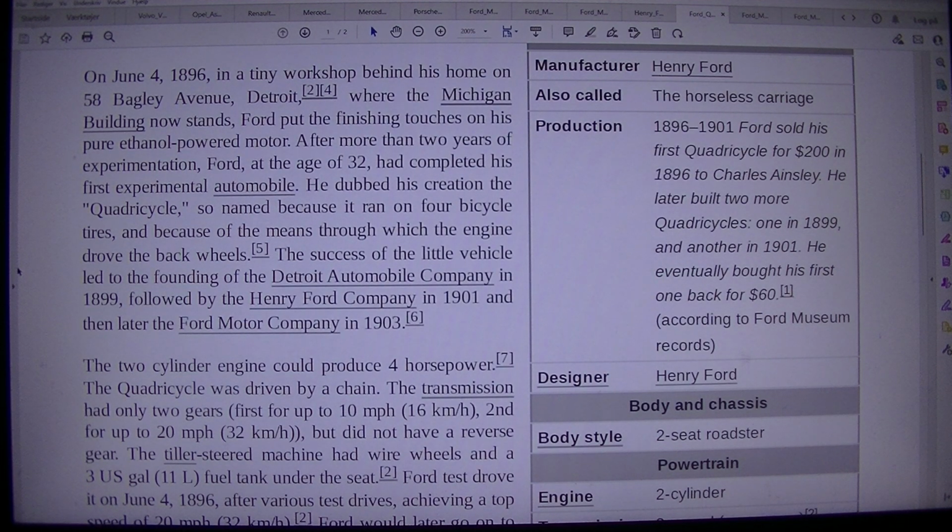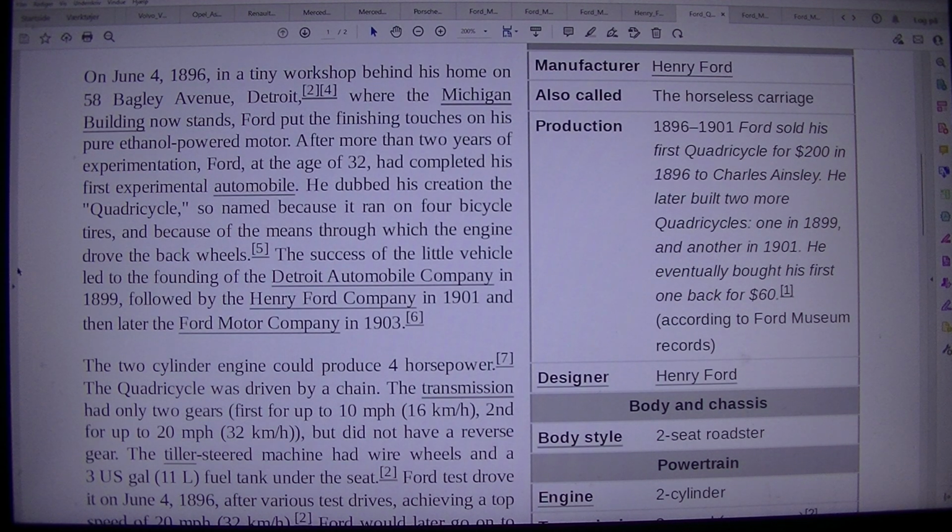He dubbed his creation the quadricycle, so named because it ran on 4 bicycle tires, and because of the means through which the engine drove the back wheels. The success of the little vehicle led to the founding of the Detroit Automobile Company in 1899, followed by the Henry Ford Company in 1901 and then later the Ford Motor Company in 1903.